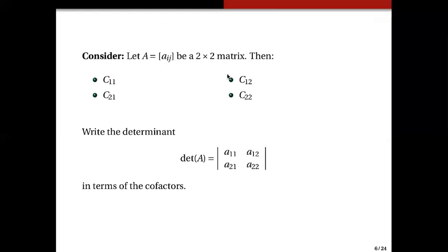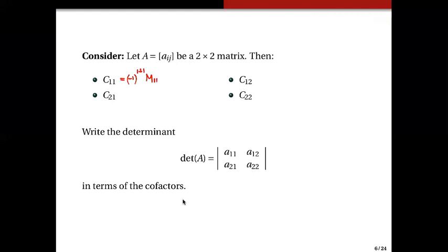So here, let us look at this matrix. C11 equals negative 1 raised to 1 plus 1 times the minor M11.